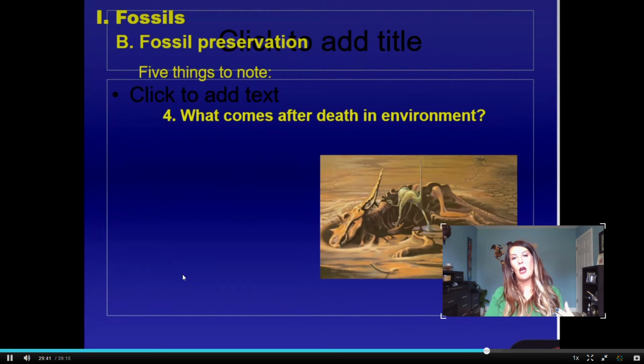So that's going to become important, because when we look at the skeletal record, we usually don't find complete skeletons. They're usually disassembled in some capacity, and that probably is why we ask the question, what comes after death in the natural environment?